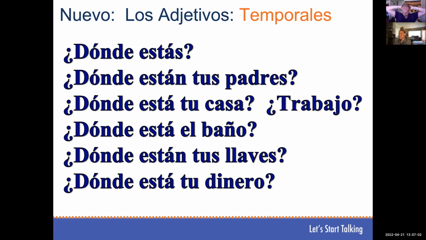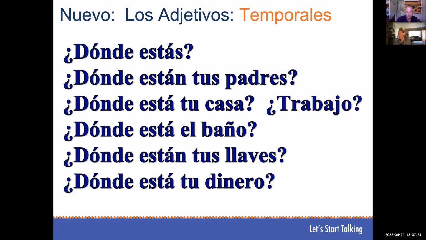Mi casa está en Denver. ¿Y tu trabajo? Trabajo en Denver. ¿Dónde está el baño? El baño está en mi casa. Would I say that? Like, I guess. ¿Dónde están tus llaves?